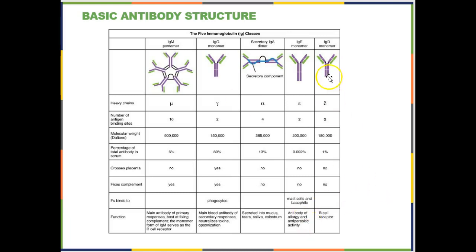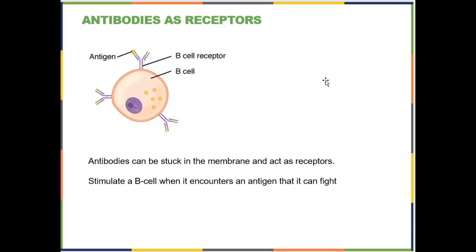And then this constant region right here gets stuck in the cell membrane of B cells where it acts as a B cell receptor. So this receptor right here, you want to think of as being the same as, say, a hormone receptor.